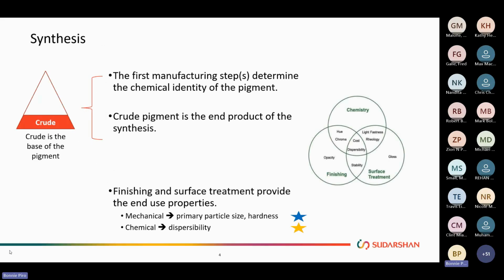So we've seen this slide many times, but it's always important to revisit it and really sink in the information that it does contain. Simple slide, but it has a lot of information there that's very important to you as a formulator when you're selecting a pigment.